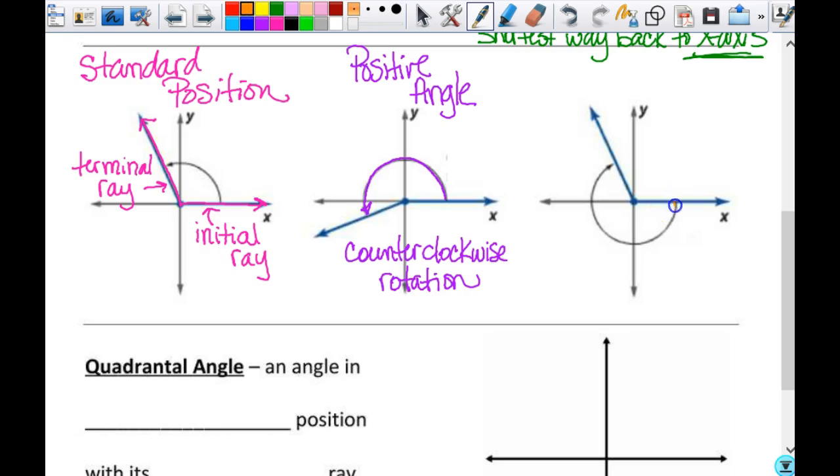And then this one right here, it's around this way. This is a negative angle. And that is a clockwise rotation.